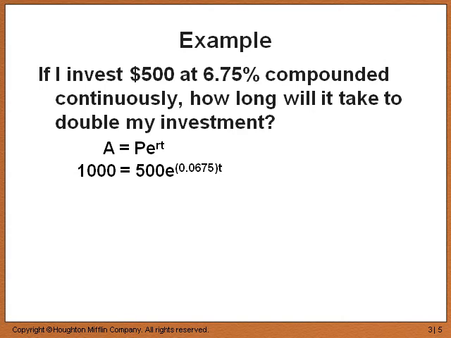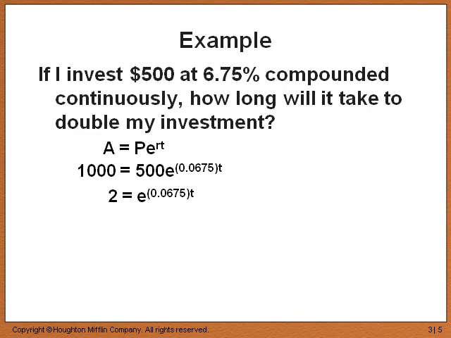So that's why I put 1,000 down as my final amount. And then, of course, I plug in 500 for P because that's my principal, the amount that I first invested. And my r is 0.0675. And t is what I'm trying to find.